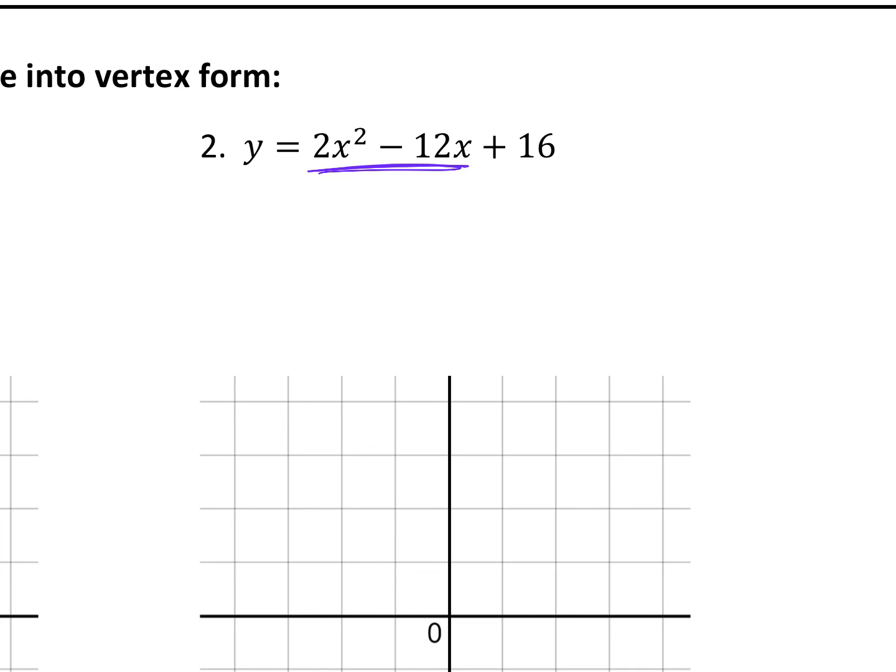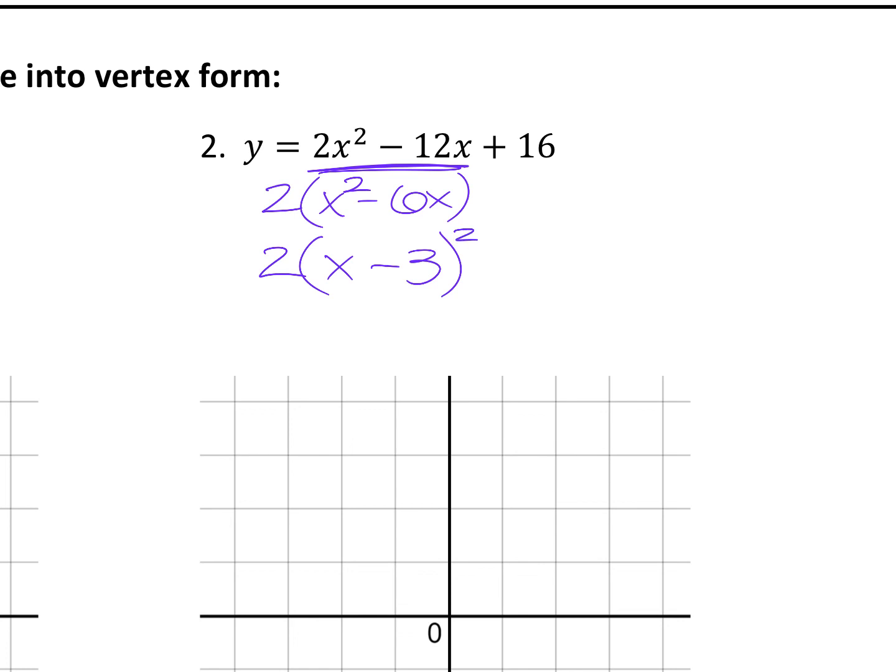You must pull that 2 out before you think what it is going to factor into. Then I look at that and ask, what would that factor into? x plus 3 squared.